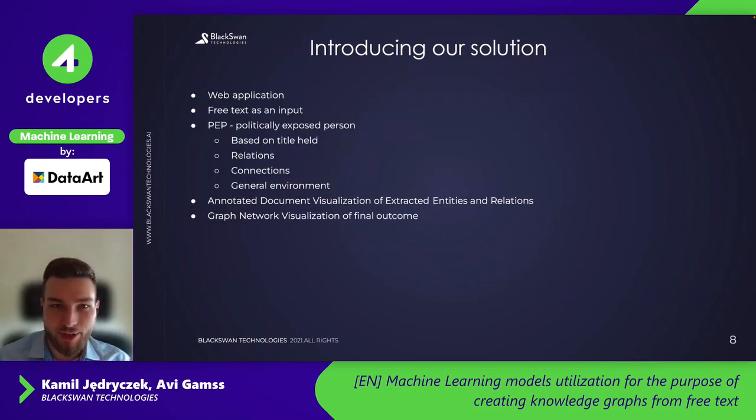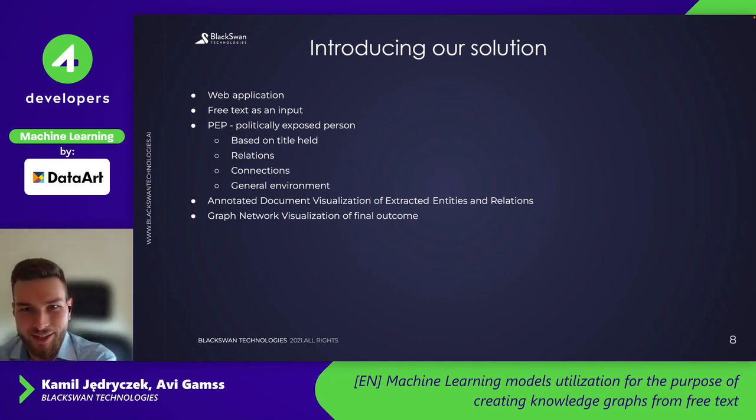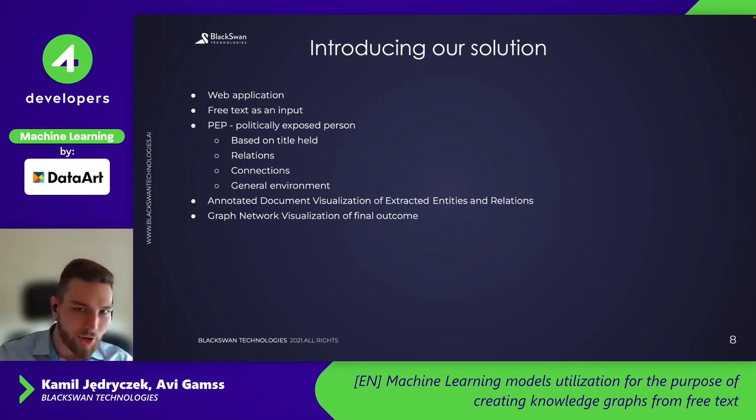Okay, so introducing our solution, I will pass the stage to Avi in a minute, but a quick note. This is a web application we created in our company. Free text is the input to this model. I will try to explain how we are transforming this free text into the knowledge graph I mentioned at the beginning. Again, NER, RE, and coreference resolution models are in place. What is a PEP? PEP is a politically exposed person.